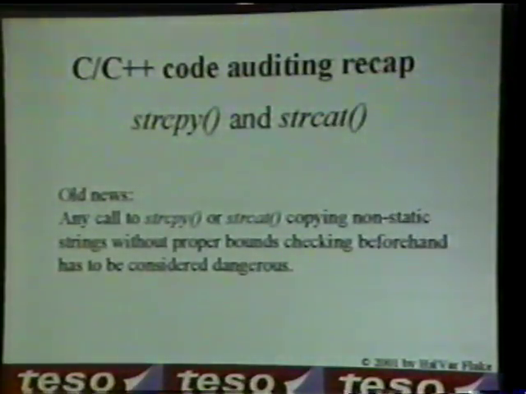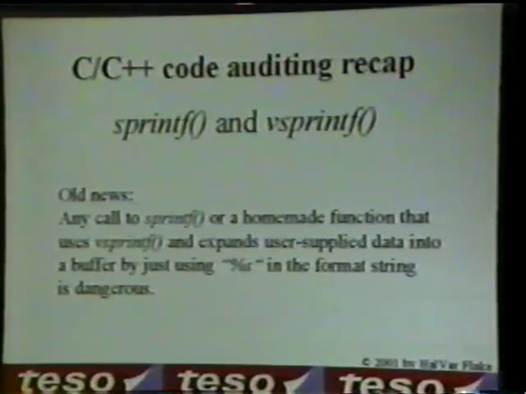Okay, let's go into recapitulating what kind of C problems there are. I guess it's old news to everybody in this room that strcpy can be dangerous, so I will not go into that. If a strcpy copies user-supplied or non-static data into a buffer, it's inherently dangerous. If a sprintf expands any string that is not static in the binary into a buffer, then we have something that's dangerous as well, and we usually can identify that by looking for %s in the format string.